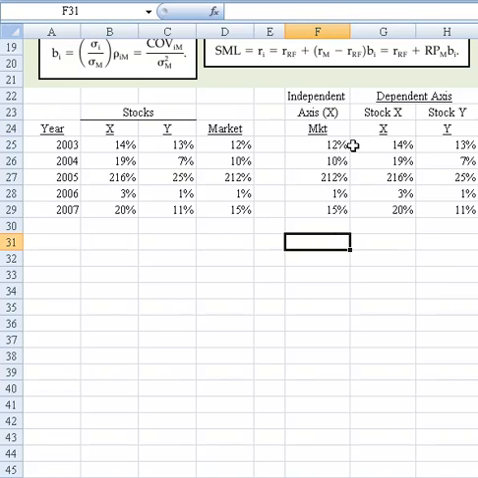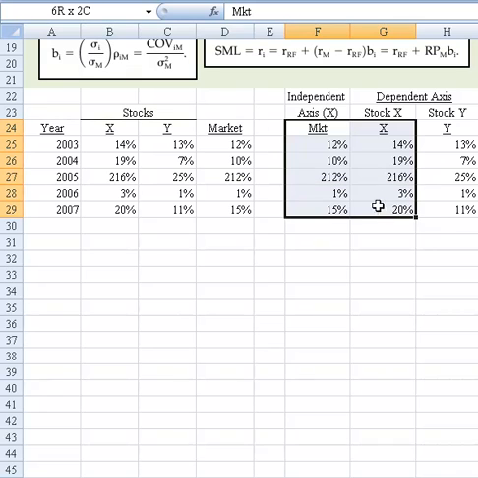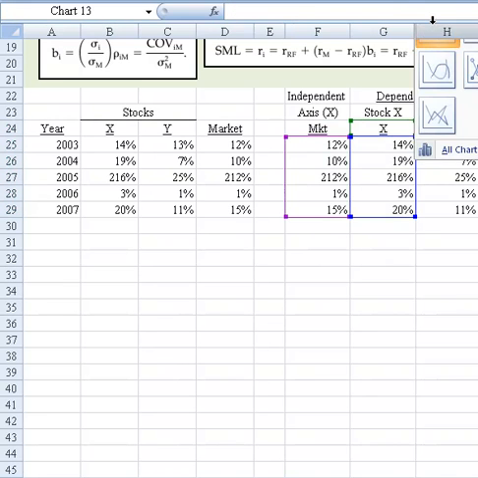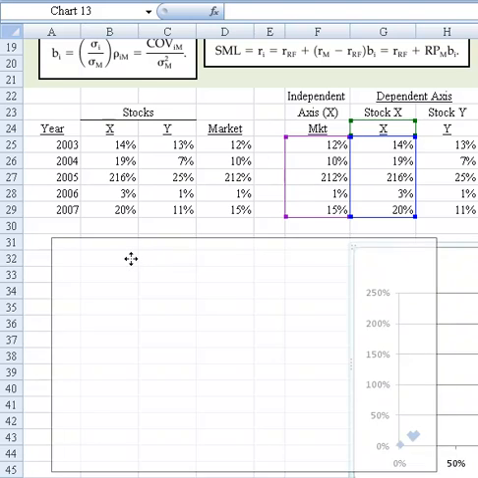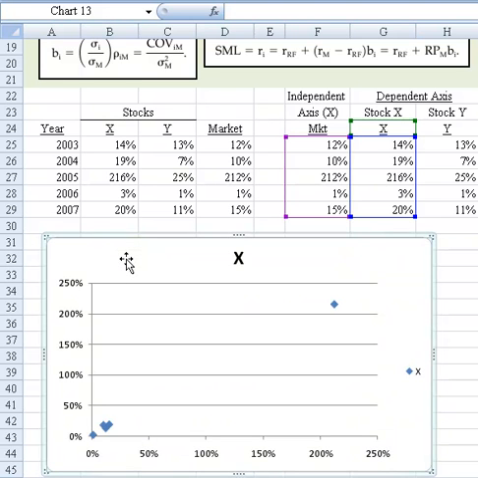First, I'm going to grab this and insert a scatter diagram. Then I'm going to move it over here, and give me a minute and I will reformat this so I can show you what I've done.